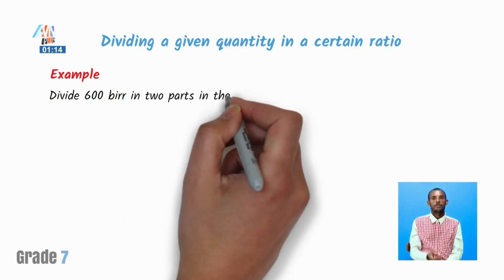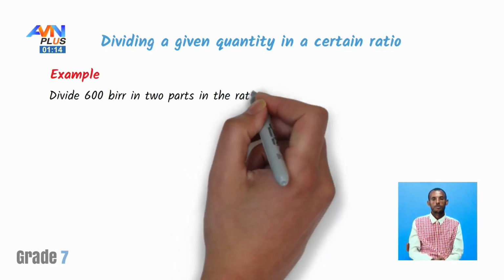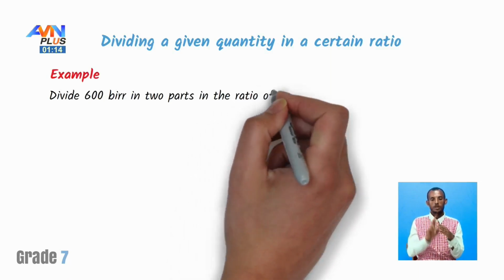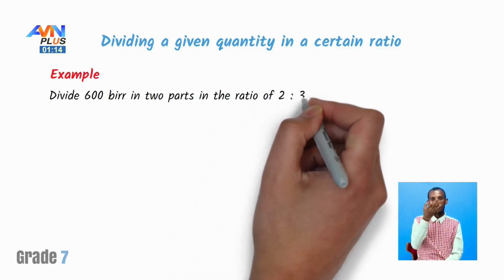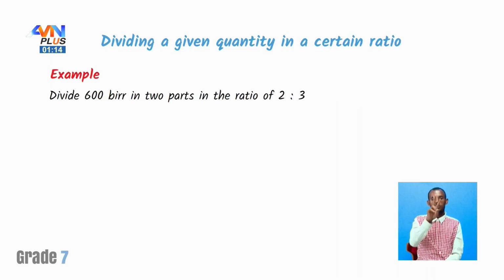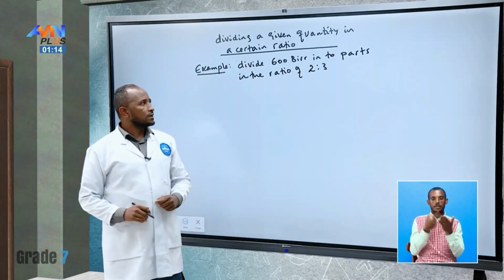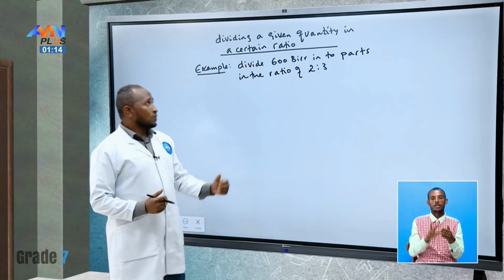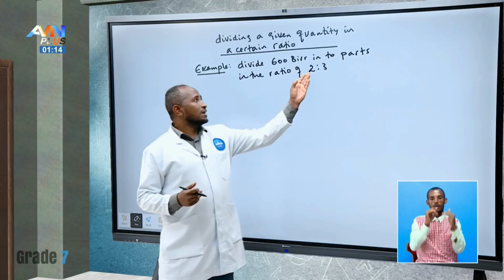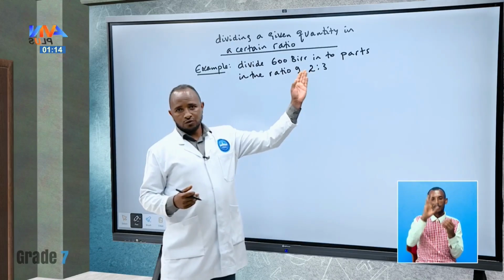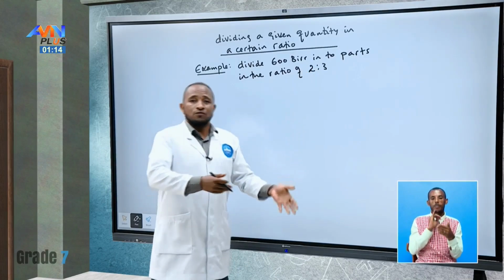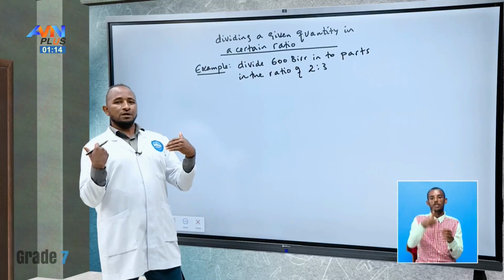In the ratio of 2:3. So I have to divide this into parts in this ratio. Here, the ratio of the quantities in its simplest form is 2:3. So you are asked to find the original quantity.